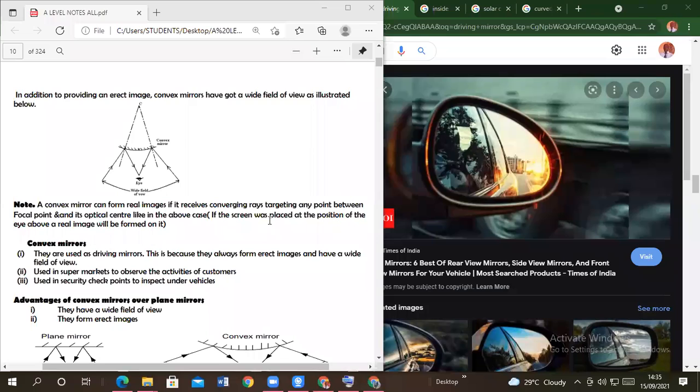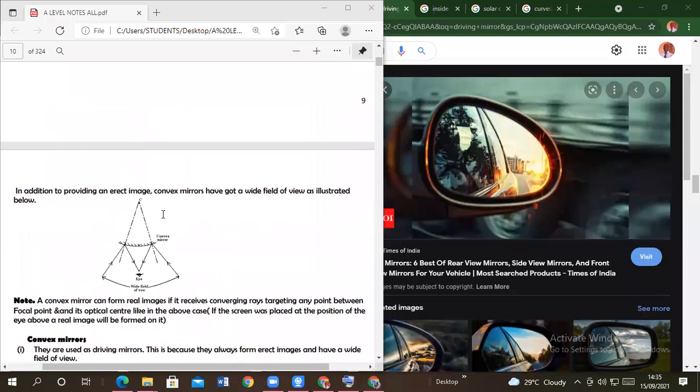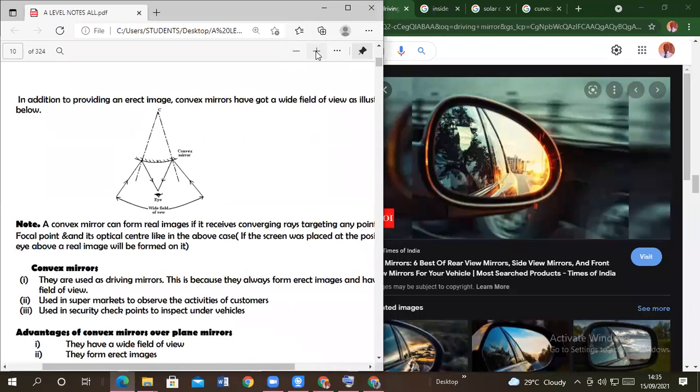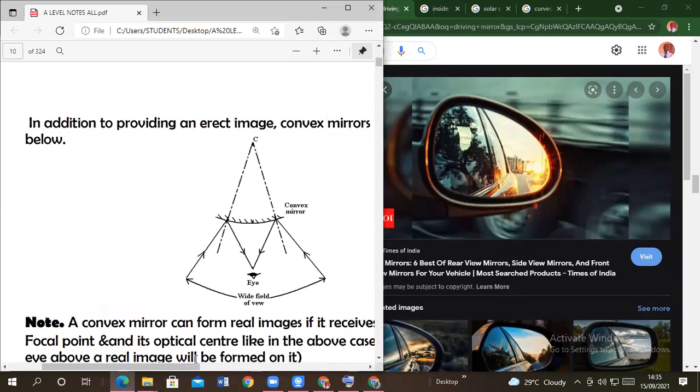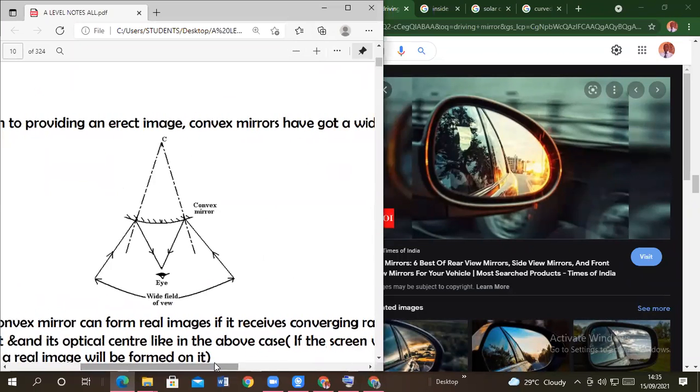So if a screen was placed at the position of the eye, a real image would be formed. If I may zoom in on that diagram, I may not draw it, but you practice how to draw it. They are showing that this is the field of view.